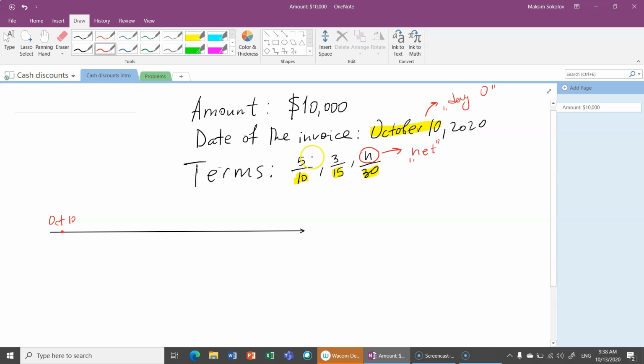So now let's see what will be day 10 of the invoice. It's going to be October 20, because October 11 is day 1, so October 20 is going to be day 10 of the invoice. 10 days have passed since the day of the invoice. So we have 10 days here.